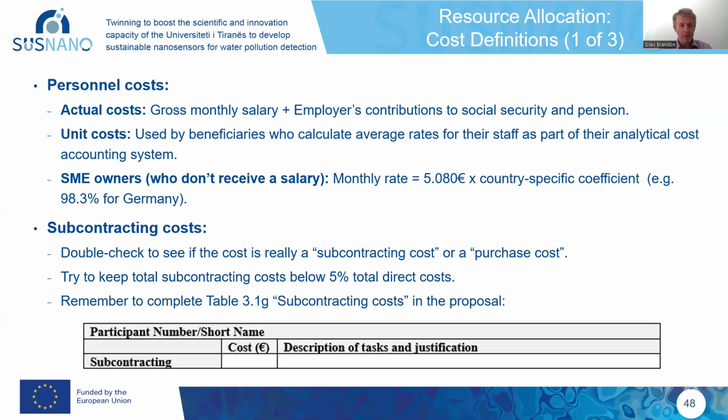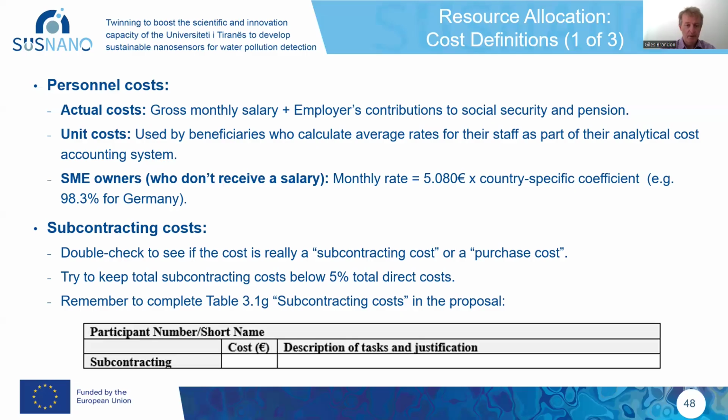On the other hand, some organizations, some larger public research organizations, for example, I believe certain Fraunhofer institutions, take a different approach. They use what are called unit costs. These are used by beneficiaries who calculate average rates for their staff as part of their analytical cost accounting system. You then also have a special case with SME owners, small to medium-sized enterprises. Sometimes the SME owner doesn't pay themselves a salary, they pay themselves dividends.